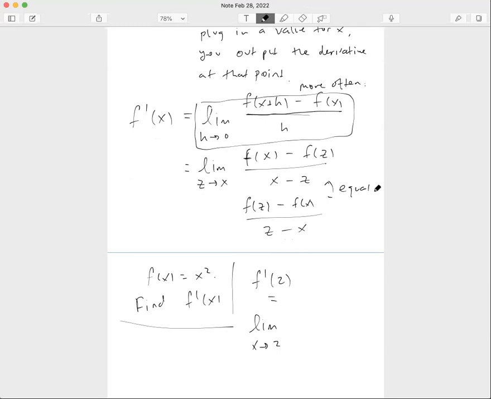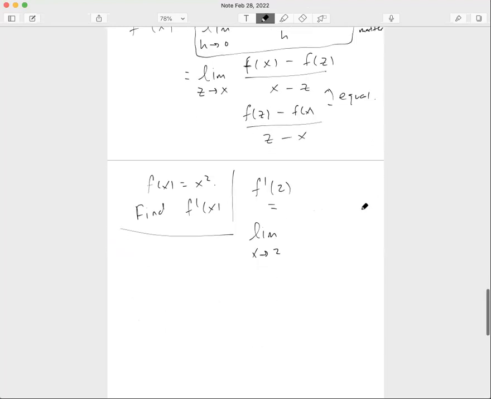But in this one, the order does matter, right? You have to do x plus h first and then minus f of x. If you flipped it, you'd have to negate h as well. So just be careful about that.